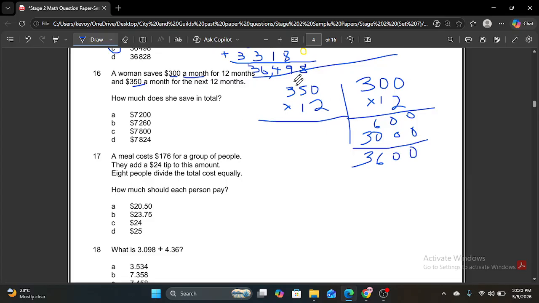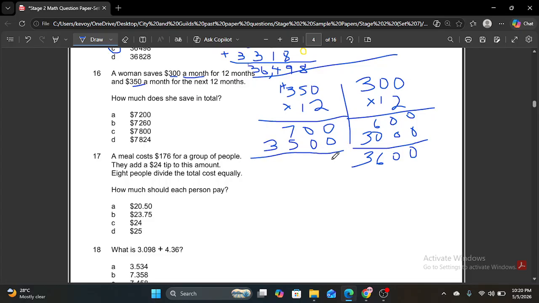Right here we have 2 times 0 is 0, 2 times 5, that's 10. Put the 1 and we're adding. 2 times 3, that's 6. 6 plus 1, that's 7. Put the placeholder. 1 times above will just give us the 350.